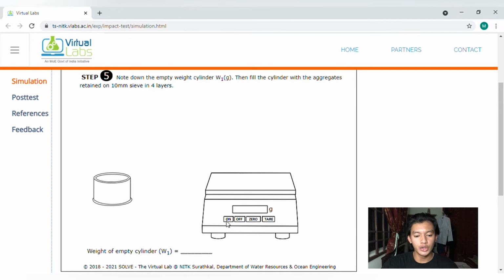Next, step 5, note down the empty weight of the cylinder W1, then fill the cylinder with the aggregate retained on the 10 mm sieve in 4 layers.